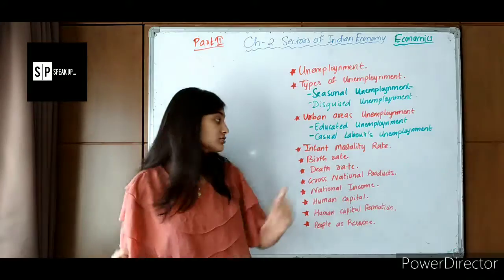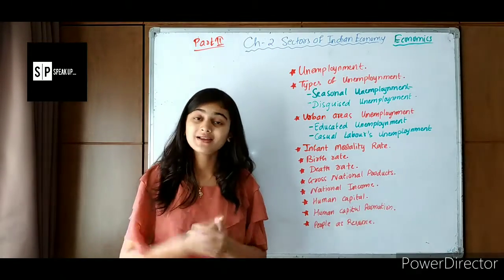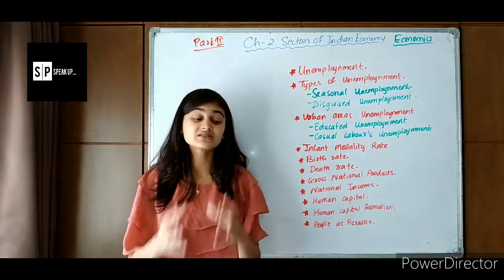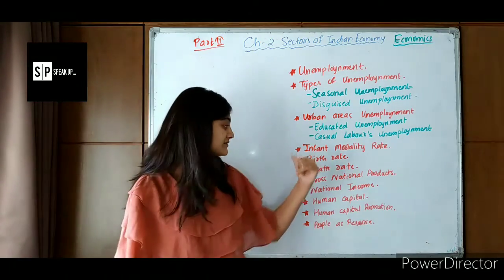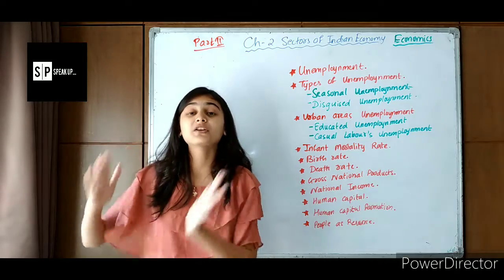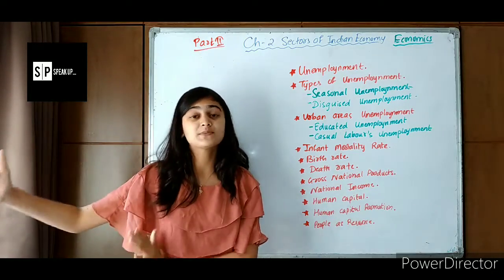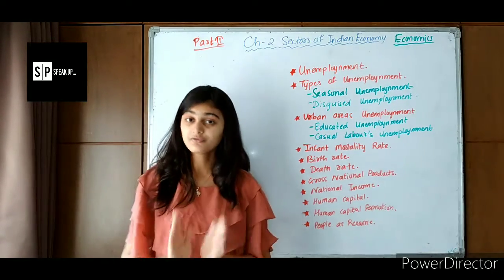So that is known as infant mortality rate. Now let's see what is birth rate. Birth rate is the number of births per 1,000 persons in a particular time. What is death rate? Death rate is the number of deaths per 1,000 people in a particular period of time.